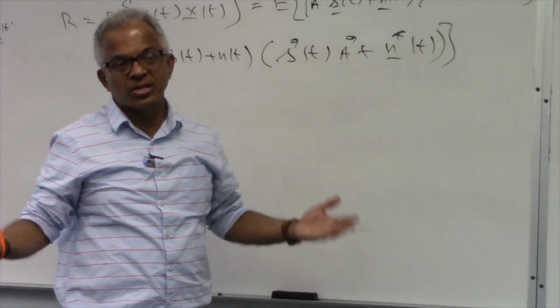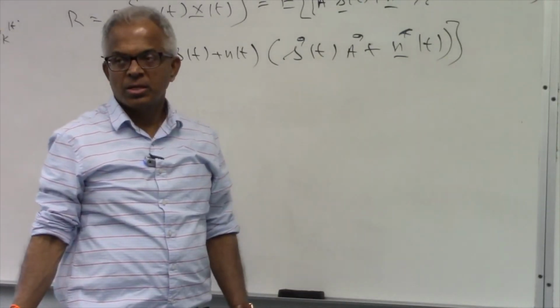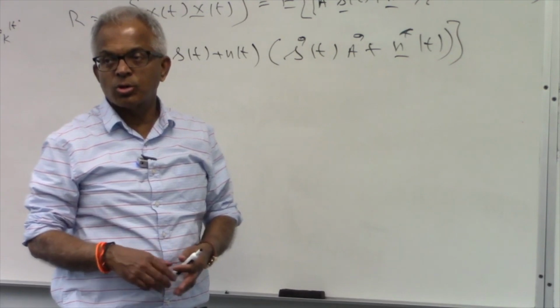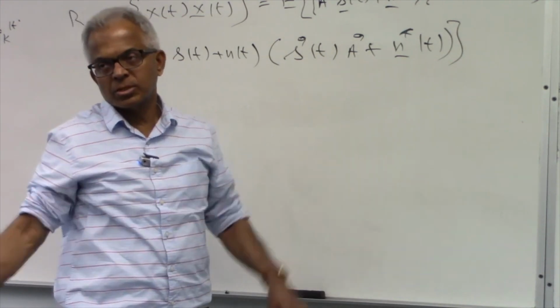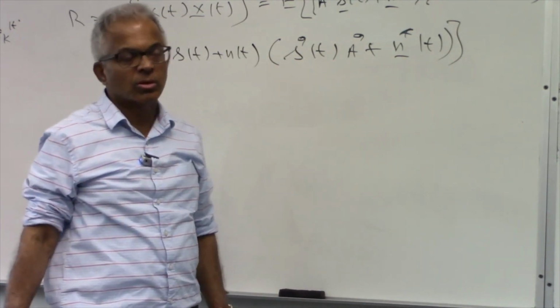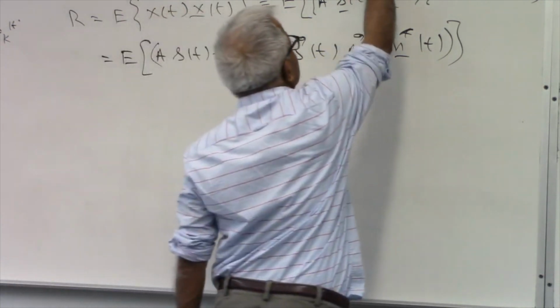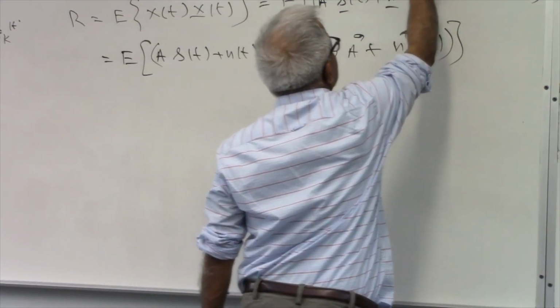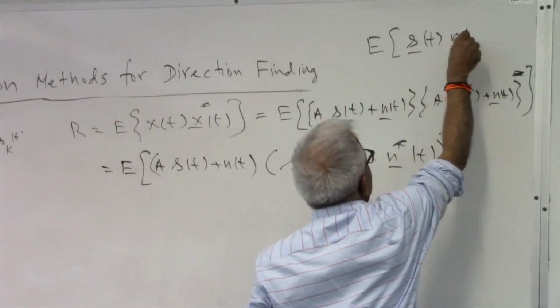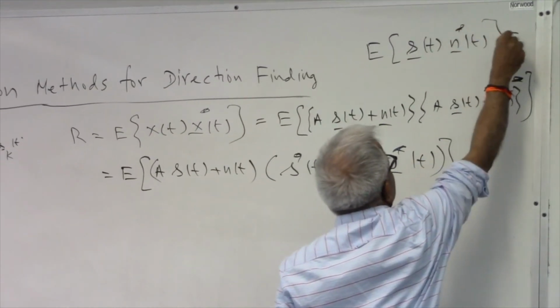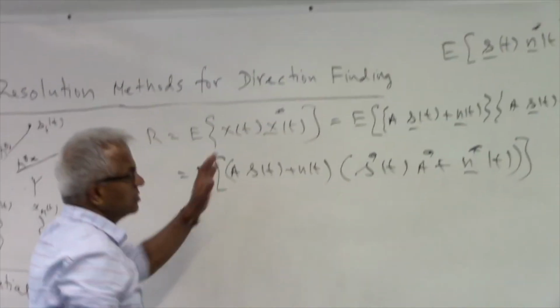So that's the third complication you could bring up: signal and noise are not uncorrelated. It depends on how far you want to go. I am going to assume that the signal and noise correlation is 0. So you only have the first term and the last term.